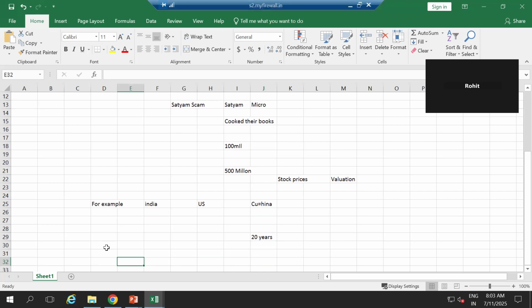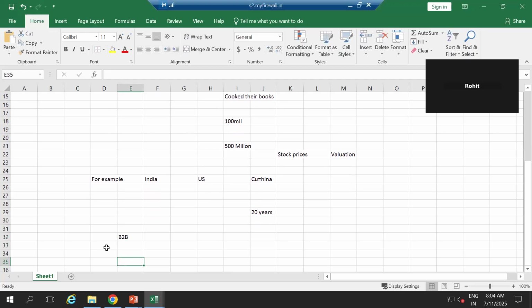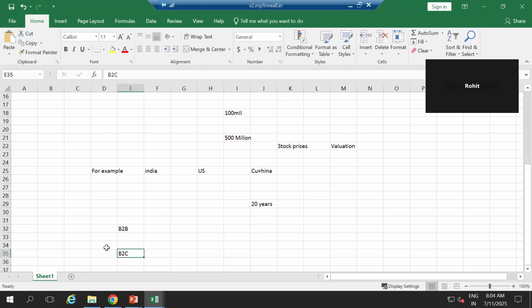Also, companies who were majorly focusing on B2B businesses have now started focusing on B2C also. What is B2B? Business to business. From business to business to consumer. Business to business means one company is selling to another company and the other company is selling it to the customers. So they're trying to avoid the middleman and the main company itself is selling directly to the customers, which they could never have imagined in the past.